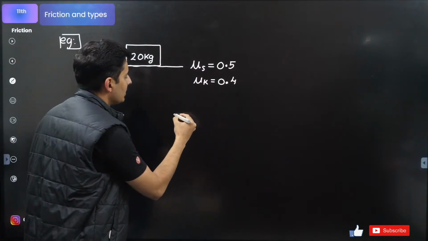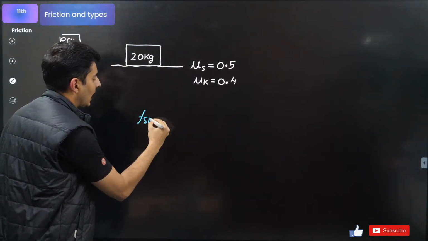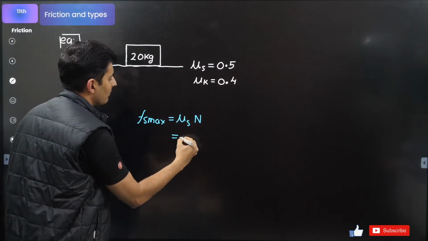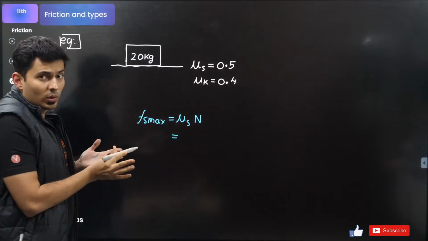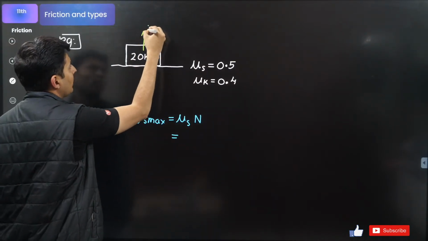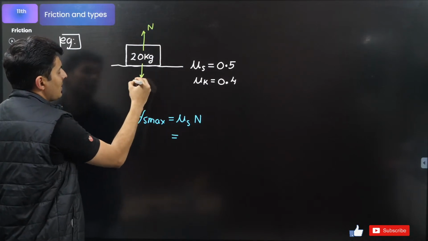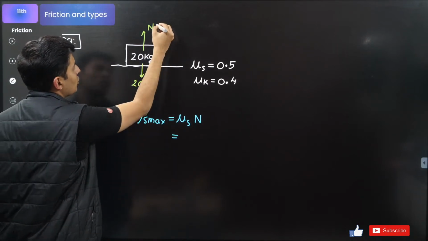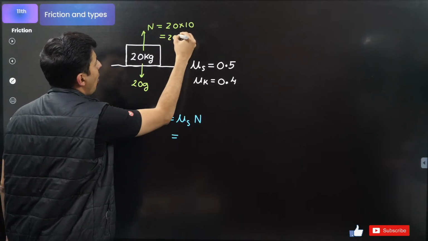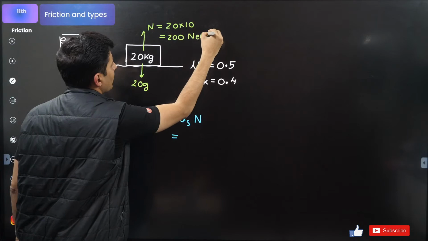For example, the maximum value of the static frictional force, which is mu s into n, will be, well, I don't know the value of n right now, so maybe I should draw the free body diagram. Normal will be upwards, the weight will be downwards, which will be 20 g. So normal force will be 20 into g, which is nothing but 200 newtons.